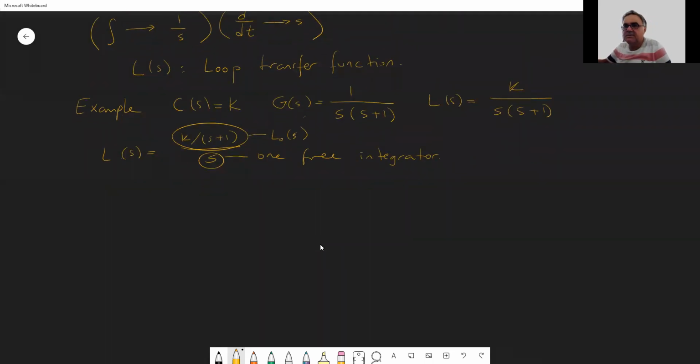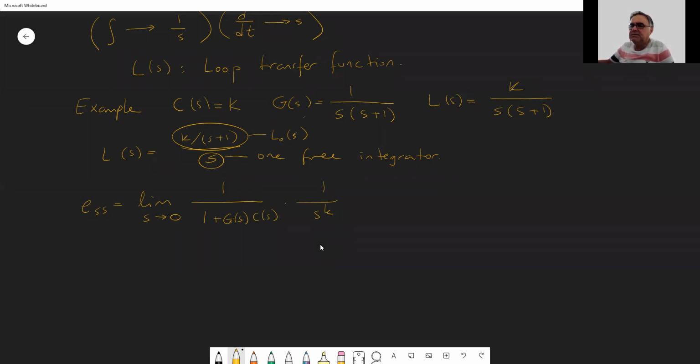Remember that the steady state error was limit s goes to 0, from the final value theorem, of 1 over 1 plus G of s, C of s, times 1 over s to the k, right?